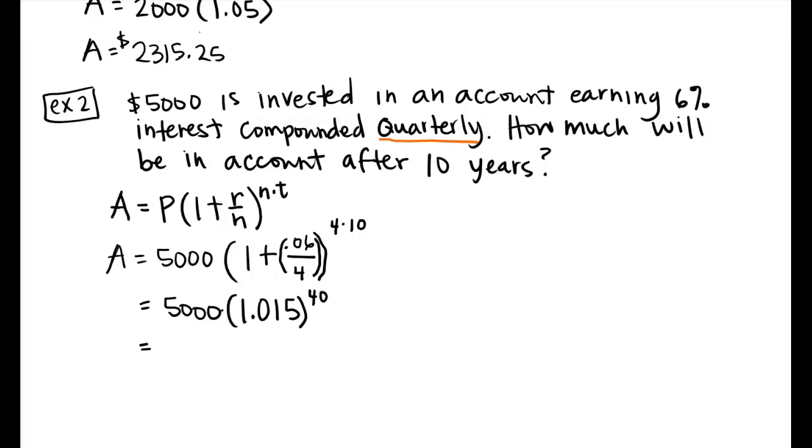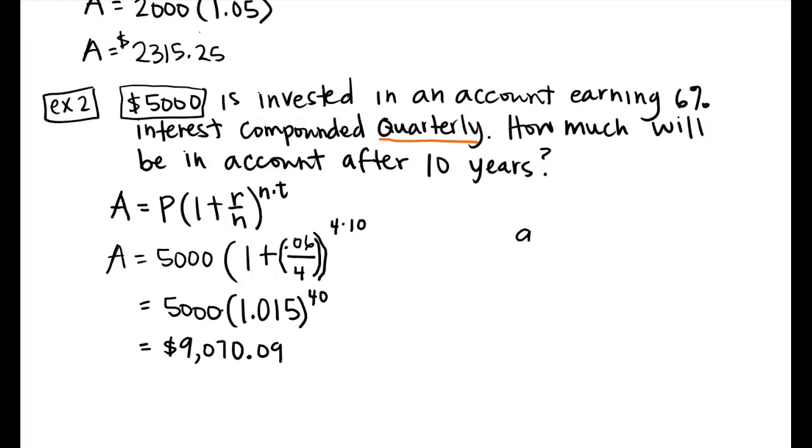And when you do that, you should come out with $9,070.09. Right? So that's what you should come up with. And remember, this is what you're ending up with. So you know that your answer has to be more than $5,000 because you already started with $5,000 in there.